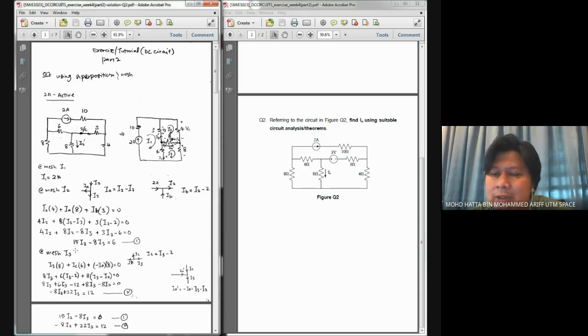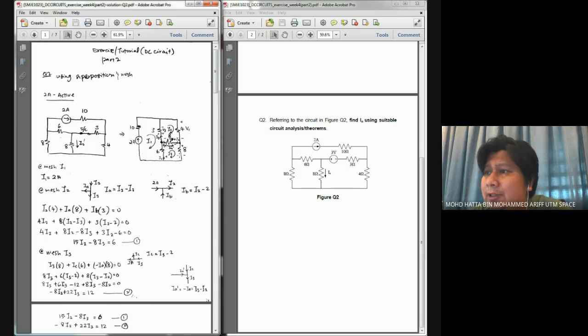Here, my equation is 15 I2 minus 8 I3 equals 6. And after I finish mesh number 2, I proceed with mesh number 3 to get my second equation, which is based on the Kirchhoff voltage law, or voltage drop around loop or mesh number 3.